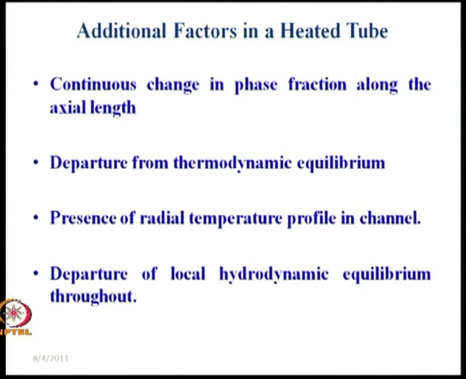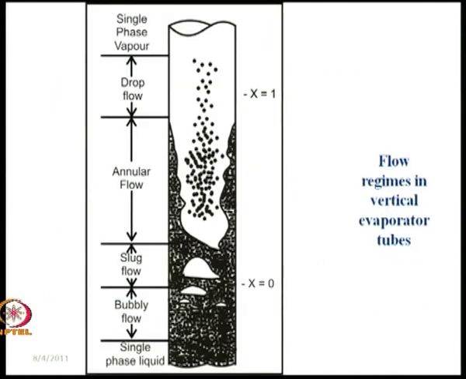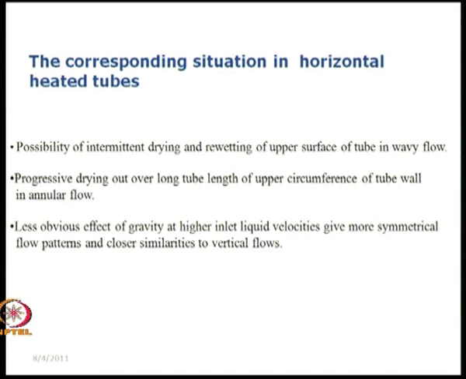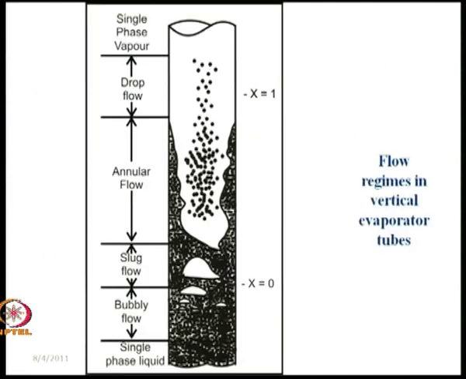Now, same heated tube, you think and tell me, same heated tube, I just make it horizontal. What do you expect under these conditions? In this particular situation, we find that gravity also starts to play a part in addition to the factors which we had already mentioned for vertical heated tubes.